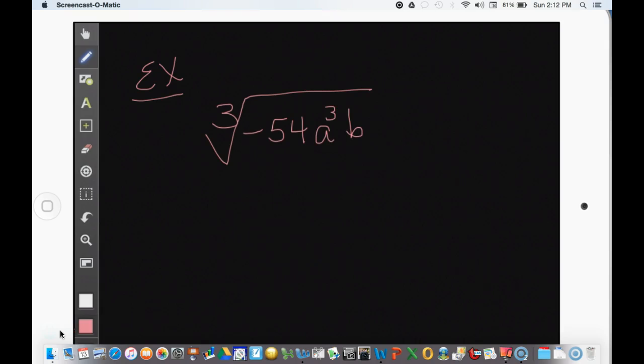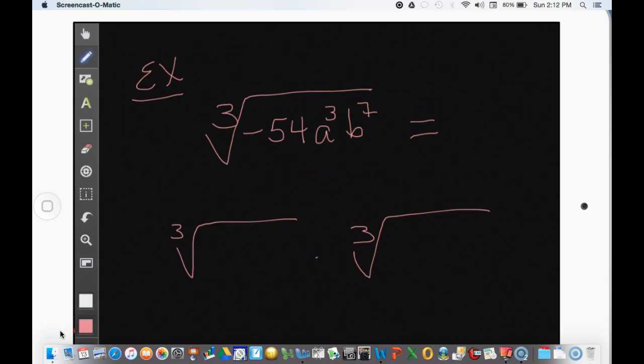Moving right along, we could also break down cubes or take cube roots. For example, I could have the cube root of negative 54 a cubed b to the 7th. Now, again, I'm going to make the first radical have an index of 3 and the second one have an index of 3, but I'm going to put the perfect cubes in the first radical.